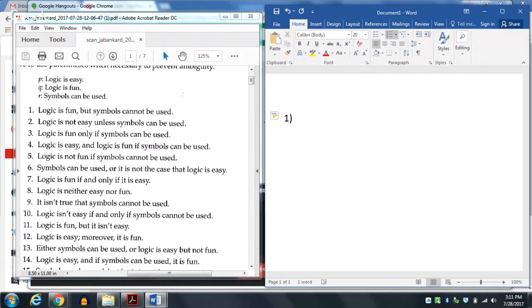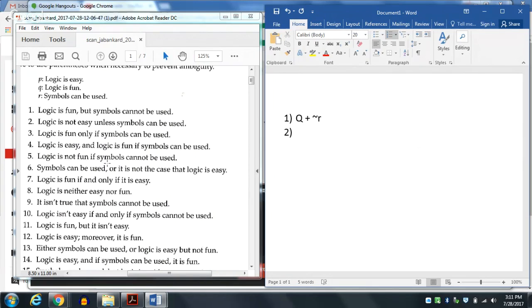Logic is fun, that's Q, but symbols cannot be used, so Q and not R. That's ultimately what's happening here. Both of those things need to be true for that statement to be true. Both Q and not R would have to be true for it to be true as a whole, because the conjunction means both are true.